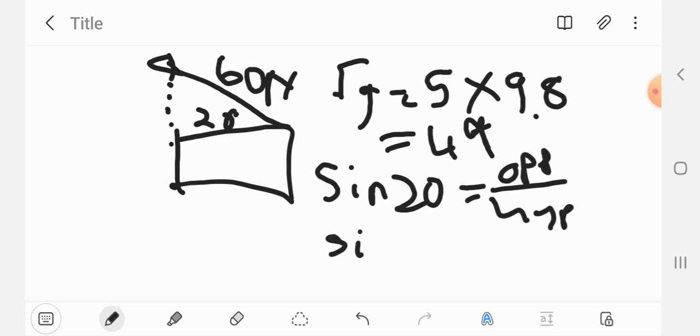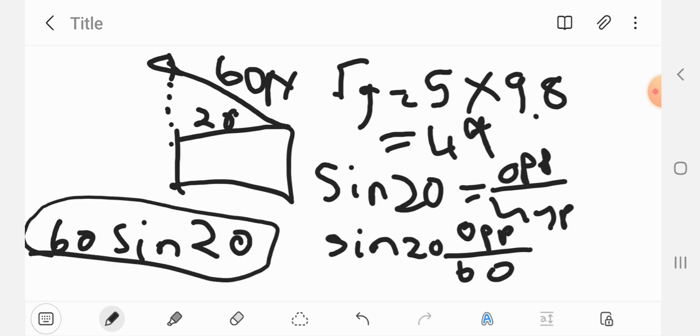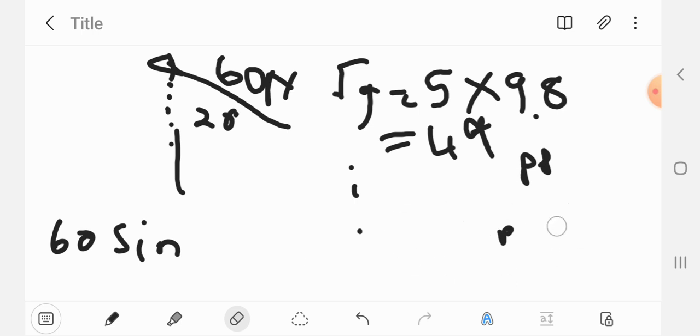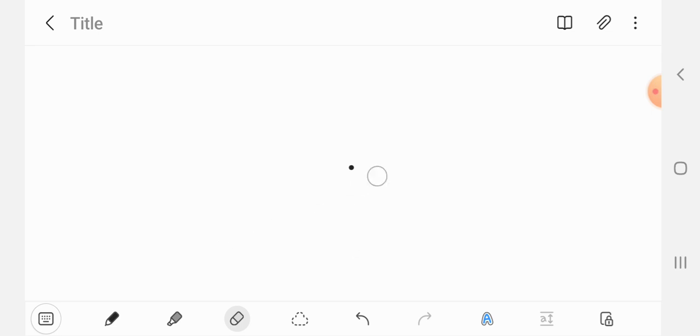We don't have the opposite, but we have the 60, hence we have 60 sine 20. So this is what you will have there. That's where it's coming from. I hope you understand, guys. It's very important that you understand these things.